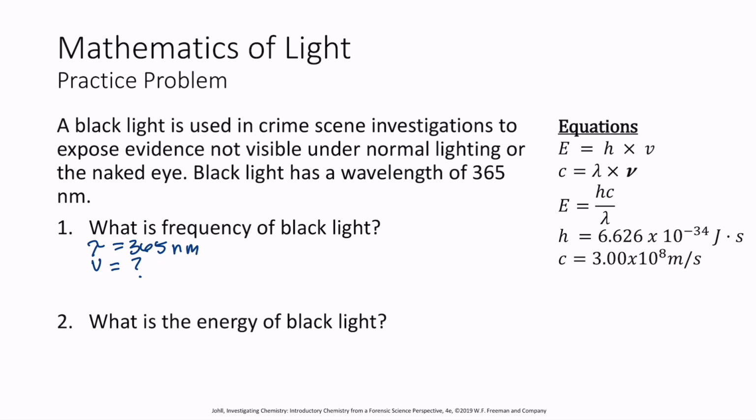So my nu is going to be equal to C over lambda. So I can plug in my C, 3.00 times 10 to the 8 meters per second. And I can divide that by my wavelength. Now remember, your wavelength must be in meters. So I can do 365 times 10 to the negative 9. Remember, nano means times 10 to the negative 9 meters.